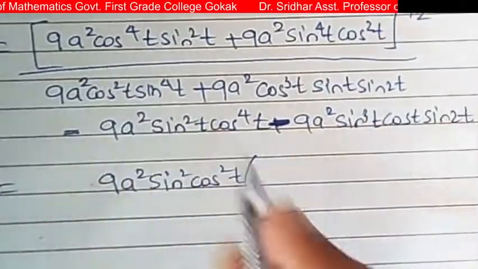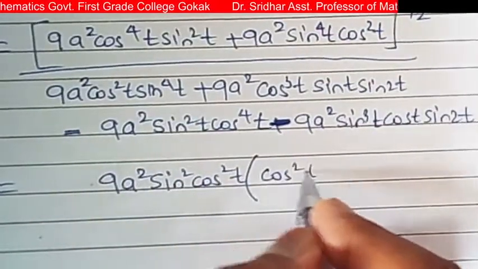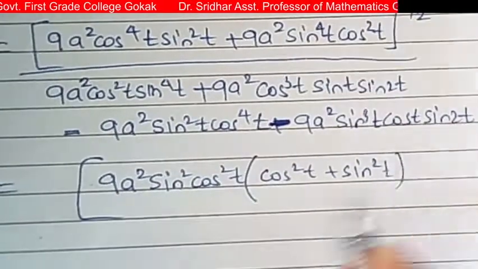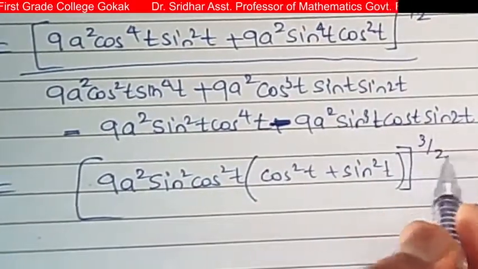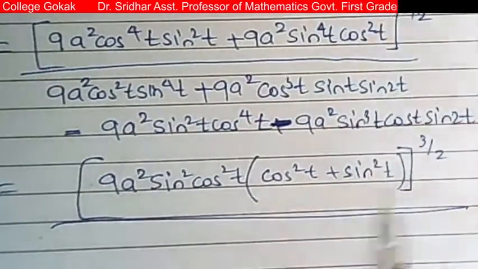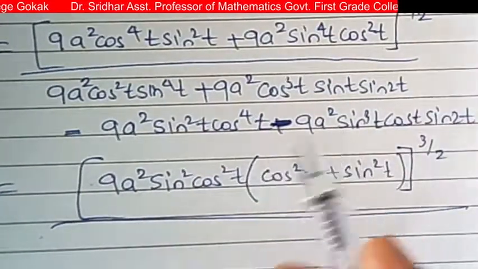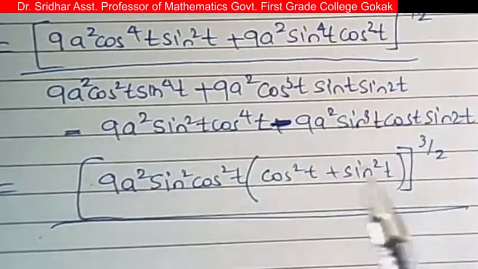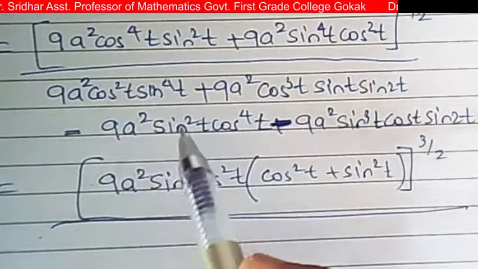Then in the bracket I am left with the term cos square t plus sin square t, then whole raised to 3 by 2, divided by, again here some terms will be cancelled, so 9a square cos square t sin raised to 4t.